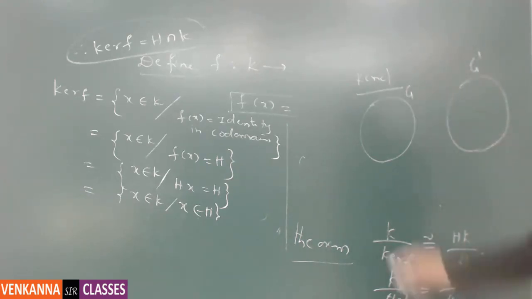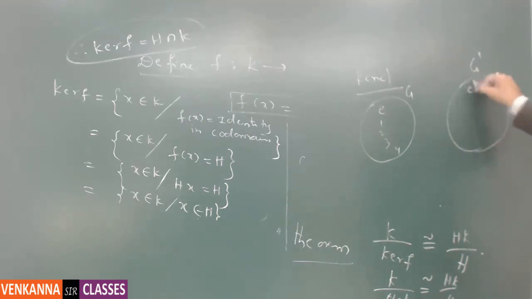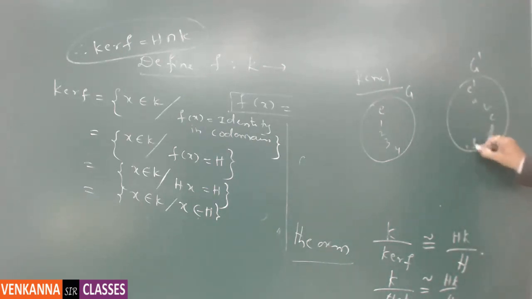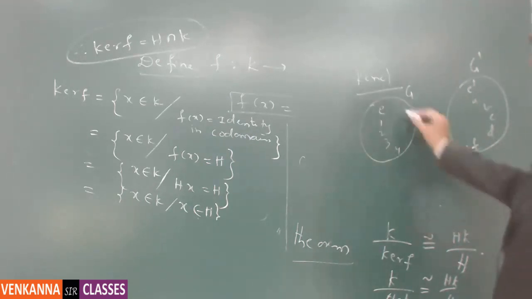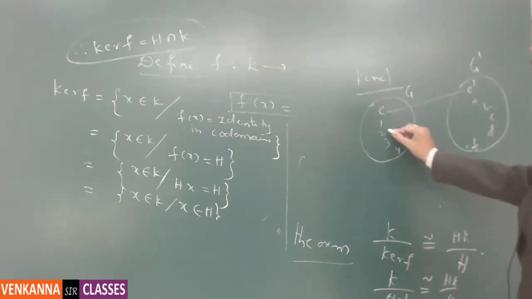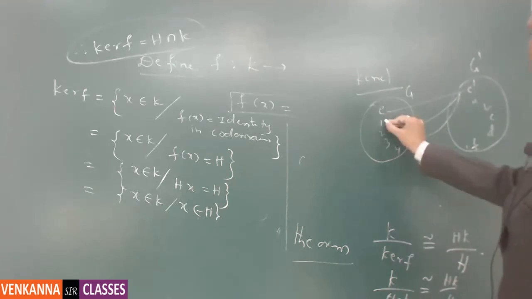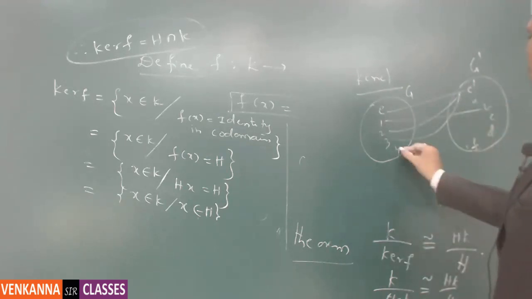So I have taken in the group G the elements E, 1, 2, 3, 4. And in the codomain, I have taken the elements E dash, A, B, C, D, E, or F, let us say. Now I am pairing them under my consideration. Always identity is paired with identity. So I have paired this 3 also with identity. I have paired 1 with B and 4 with F.